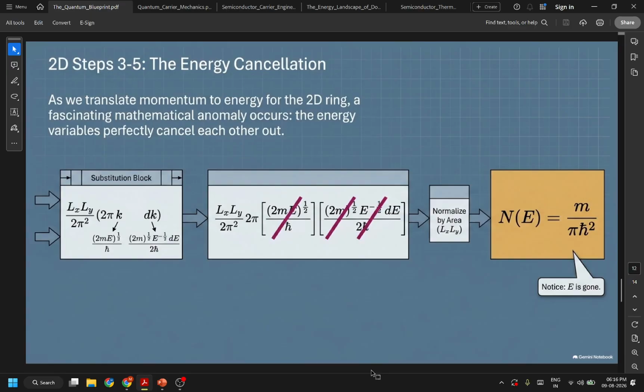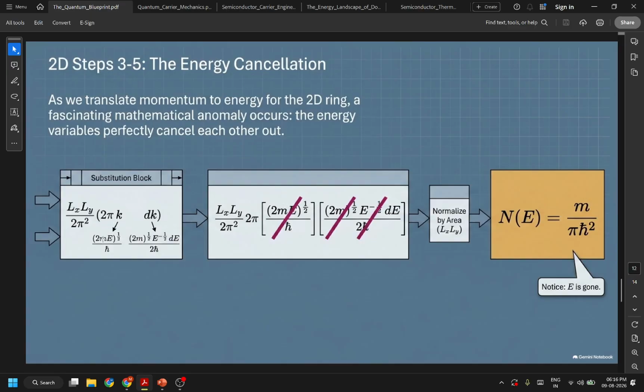When you translate it there, we get n of E equal to m over π ħ².